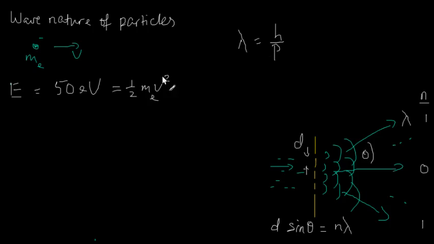It would be more convenient if I write this as p squared over 2me, which is just another way of writing half of mv squared, and this would be equal to E, the 50 eV. So let's try and find the wavelength now. If I rearrange this, I get p equals the square root of 2me times E.